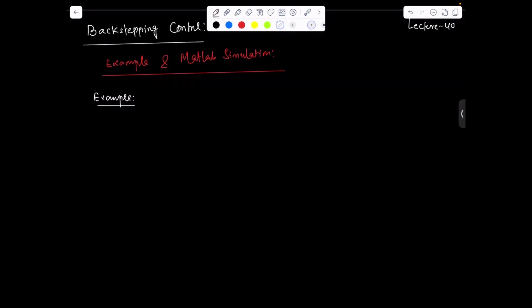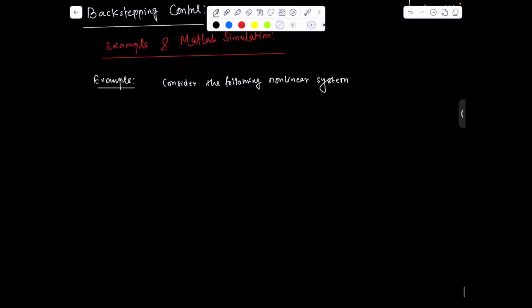Let us consider the following nonlinear system, defined by x1 dot equal to a x1 plus x2, and x2 dot equal to u.